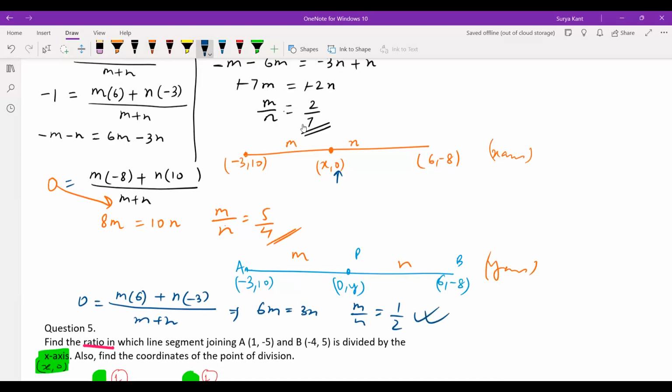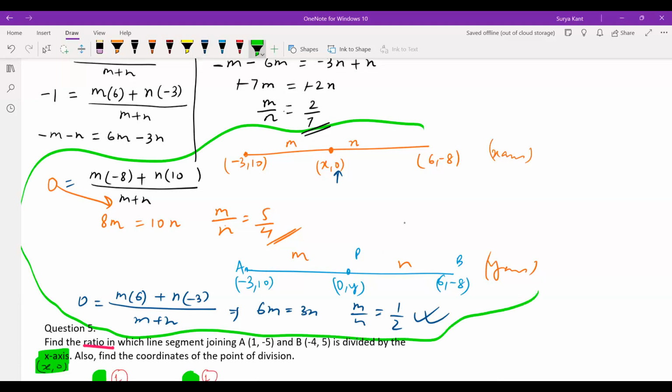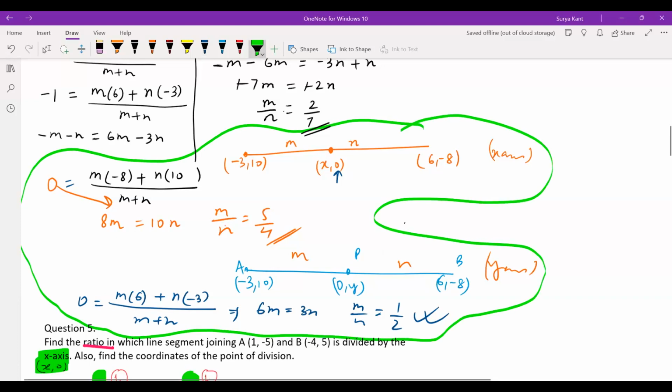I don't know how you people are dealing with the questions, very slow. This is a maximum 10 to 15 seconds of work. This is the extra thing I have told you right now. So if you get anything like x-axis or y-axis, you can deal with the questions in this way.